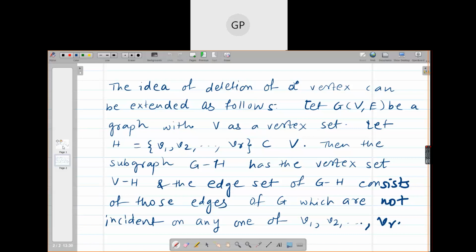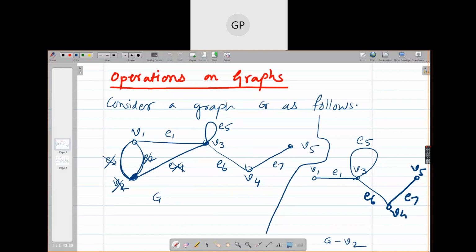So for example, let me go to this same graph. This is V2, E2, E3 and E4. This is my original graph.